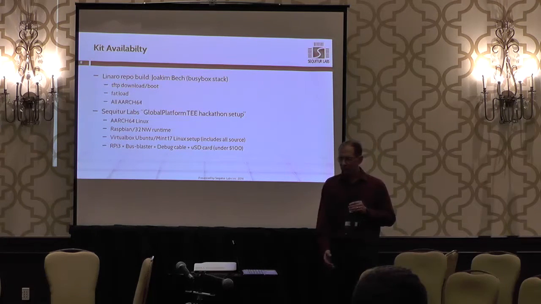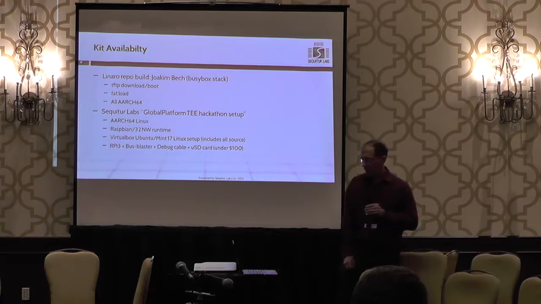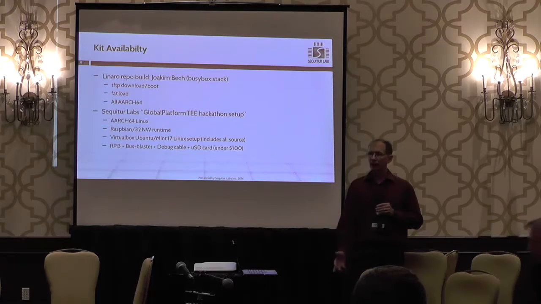In a little over a week, we're providing the hardware for a Global Platform TEE hackathon in the Bay Area. And it was suggested to us that perhaps we could run a 32-bit stack on the board. So what we've done is basically taken the AArch64 Linux. It's built with the config compat flag, which allows us to run either a 32 or 64-bit runtime.